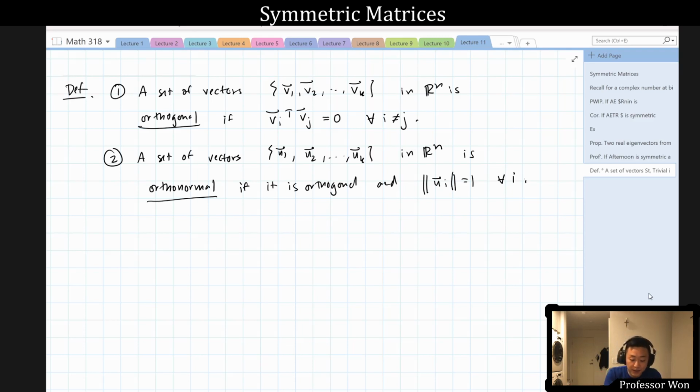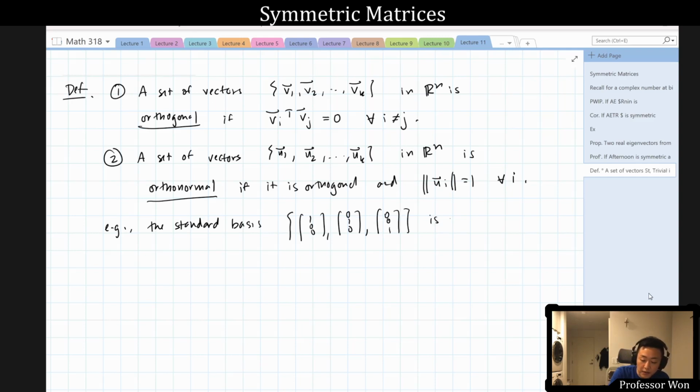So for example, the standard basis, say, of R3, but actually of any Rn, is an orthonormal set. It's a set of orthonormal vectors, right? So an orthonormal set of vectors somehow looks just like the standard basis, right?